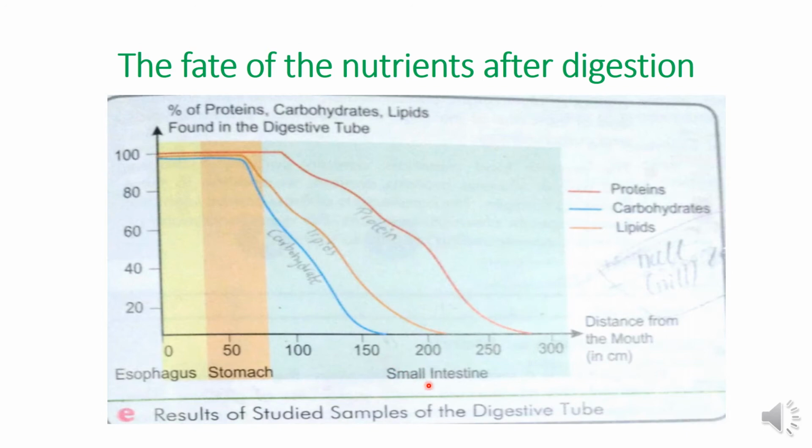This indicates that the absorption takes place at the level of the small intestine, and the absorption of carbohydrates is the fastest because it takes place at the smallest distance from the mouth, and the absorption of proteins is the slowest because it takes place at the biggest distance from the mouth.